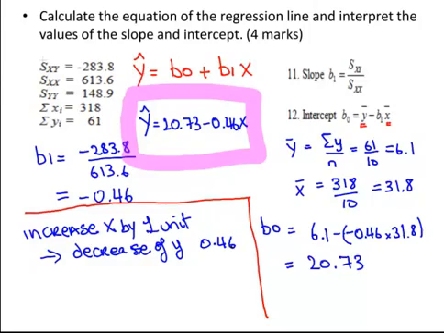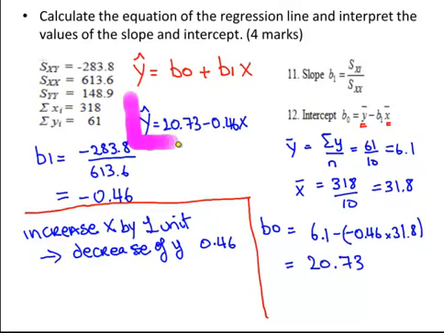The intercept estimate means that if the age is 0, we expect the number of days missed to be 20.73. Now, that question is very deliberate. It makes you think about linear models and their limitations.